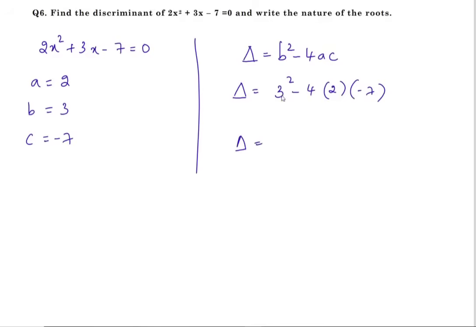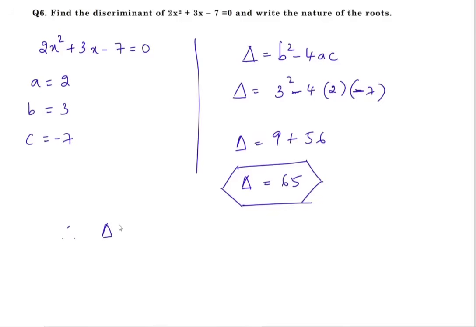Delta equals 3 square is 9. Now minus into minus, this minus and this minus, minus into minus is plus. 4 2s are 8, 8 into 7 is 56. Now delta equals what? 56 plus 9 is 65. We got discriminant delta equals 65.